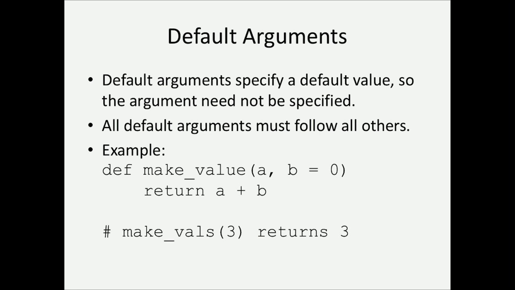And that means that every function call can either pass values for both A and B, or I can just let B assume the default value, and in which case here it just says, oh, I add A and B, B by default is 0, so I'm just going to pass back 3. There is a rule that if I have default values, I can have any number of them, but they must be at the end of the argument list, so there's no confusion.